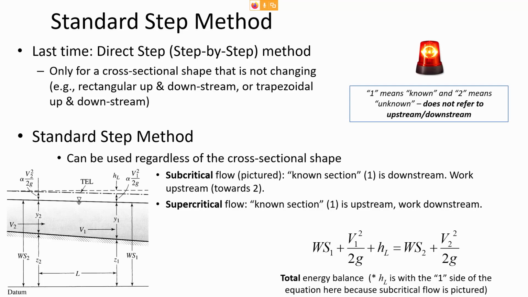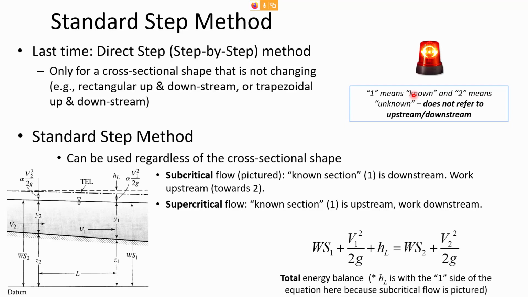In everything we do in the standard step method, 1 and 2 is a little bit different than the way we've used those numbers in the past. In the past, whenever we had a 1 and a 2, we used it by saying that 1 was upstream and 2 was downstream.